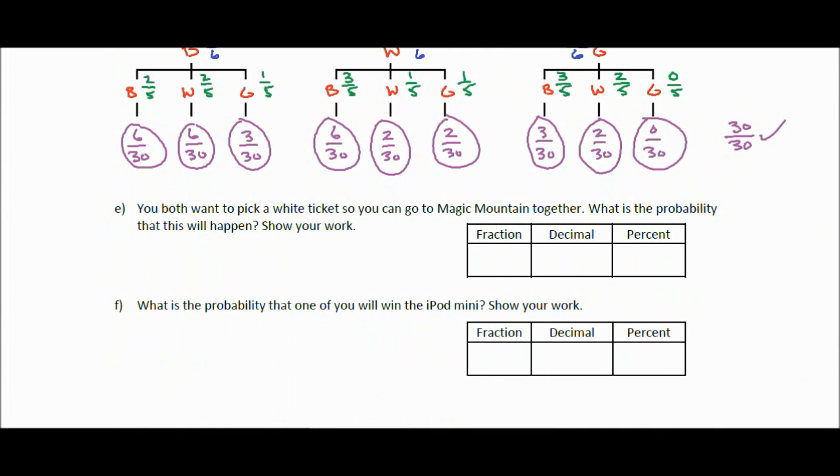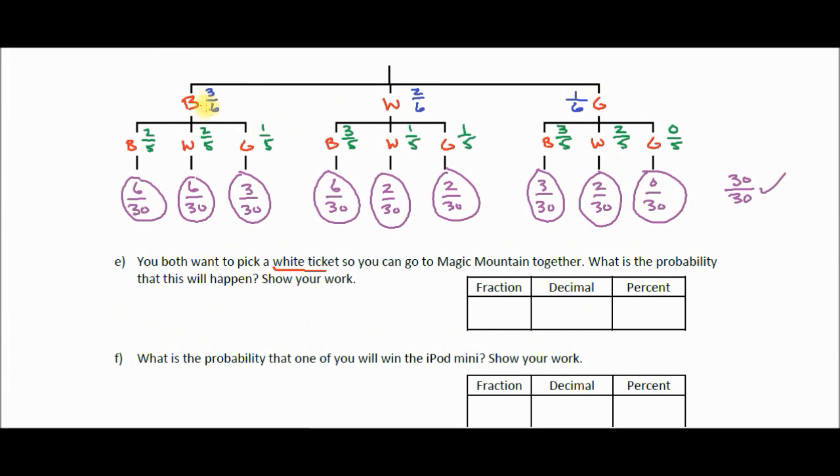Let's find our 2 answers now. Letter E. You both want to pick a white ticket so you can go to Magic Mountain together. What's the probability that this will happen? Show your work. Well, if we're going to both pick a white ticket, the only branch that counts is white, white. There it is, white, white. 2 over 30.